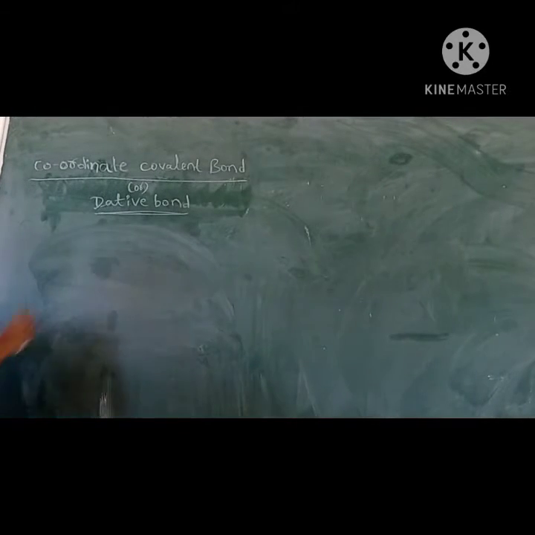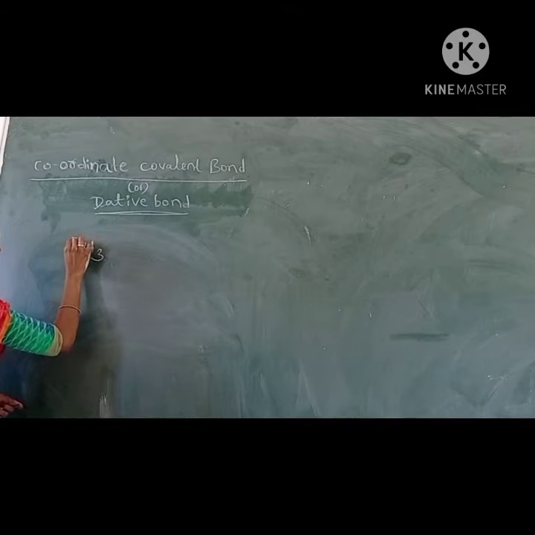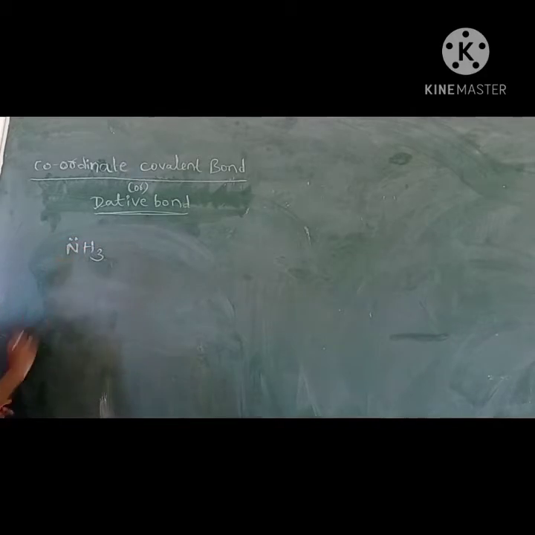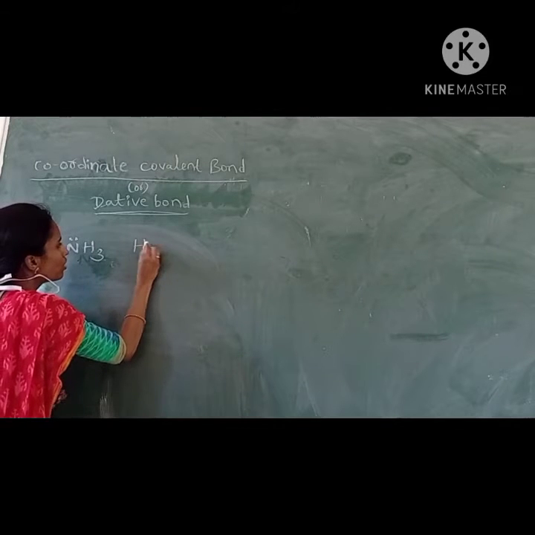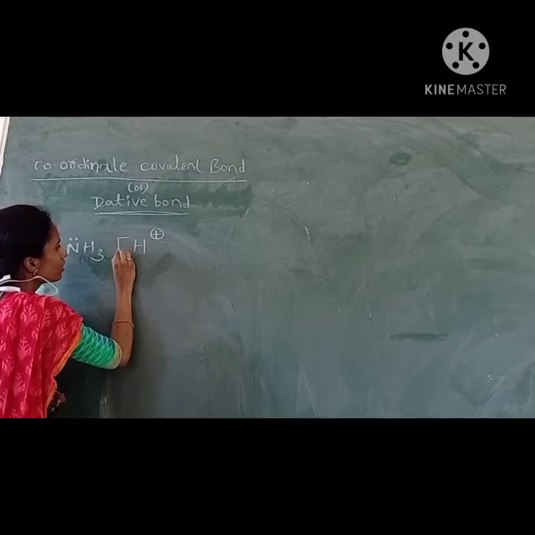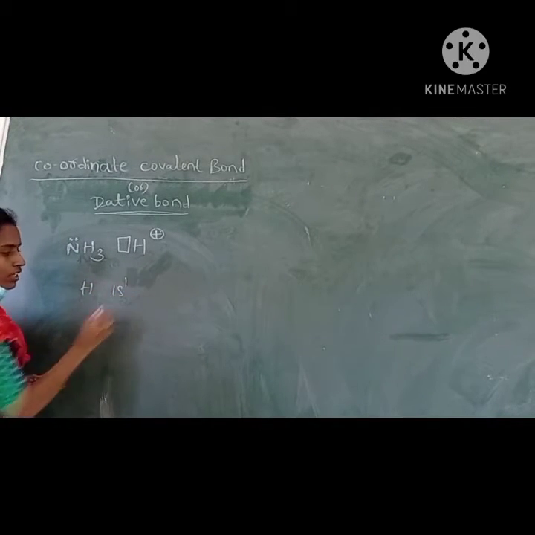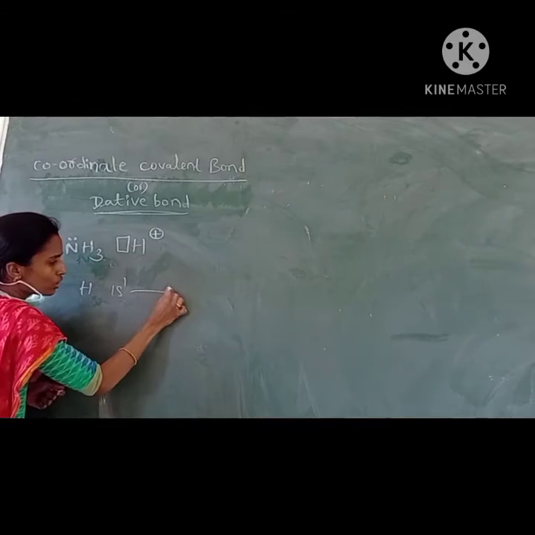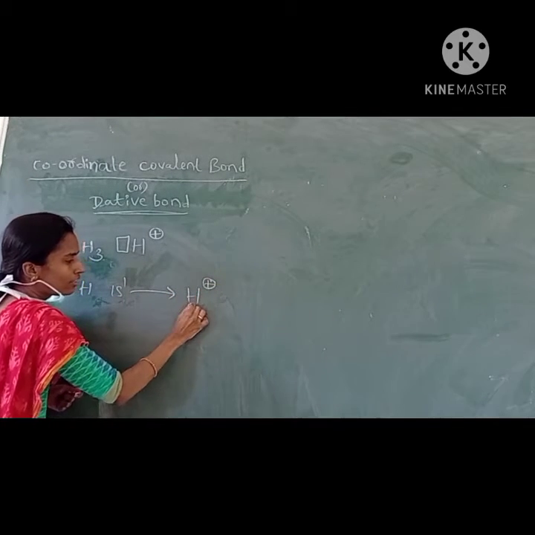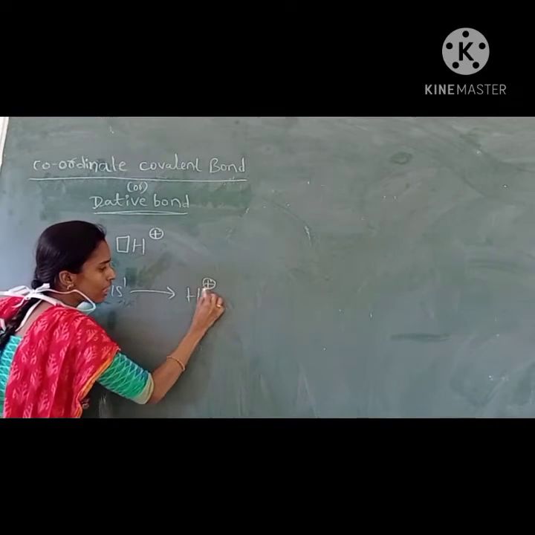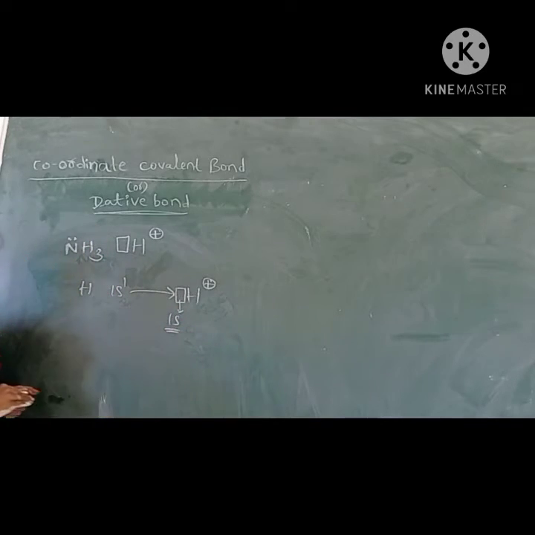Here if you see the example, ammonia. Ammonia has one lone pair on the nitrogen atom. This lone pair is donated to a proton. Hydrogen has 1s1 electronic configuration. If it loses one electron, it becomes H plus, and the 1s orbital remains as an empty orbital.